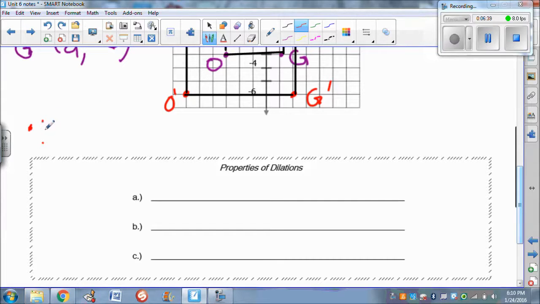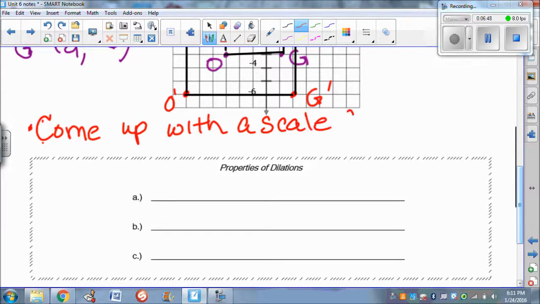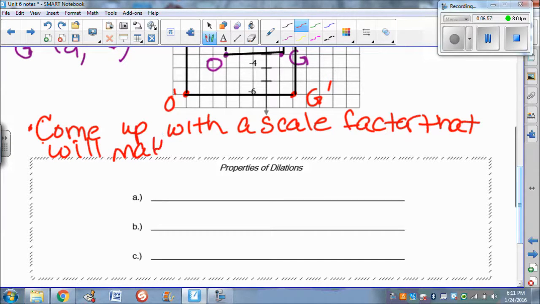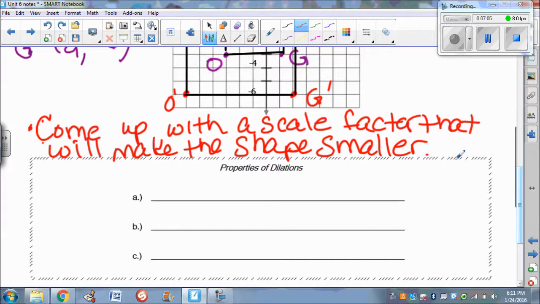Come up with a number, because your scale factor is a number that when you multiply, it's going to make your shape smaller.